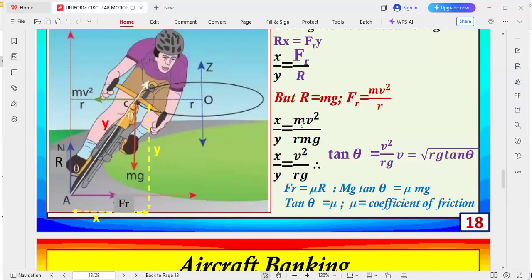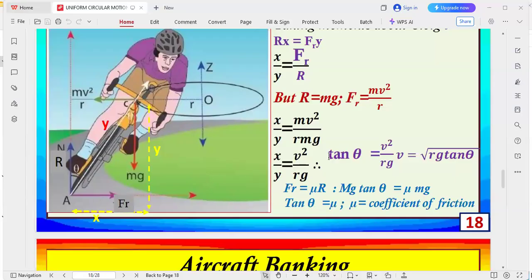So when we have mu mg divided by mg, we are left with tan theta equals mu. So the tangent of this angle that this person is bending with should be equal to the coefficient of friction, or less than that. Otherwise, anything more than that, the bicycle skids out of the road.